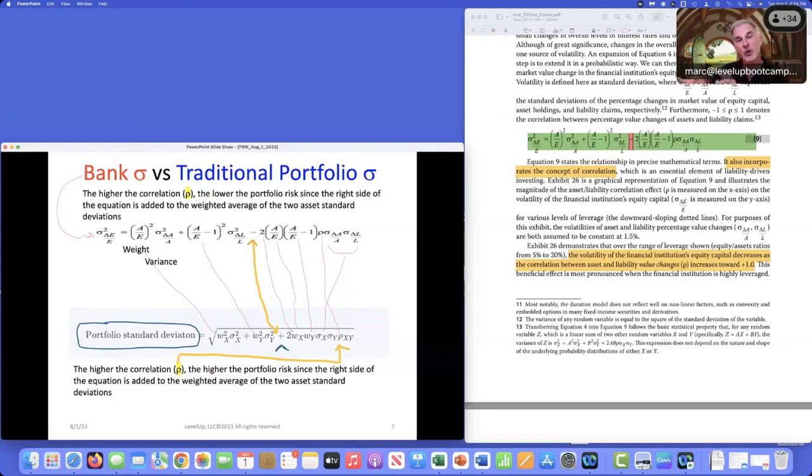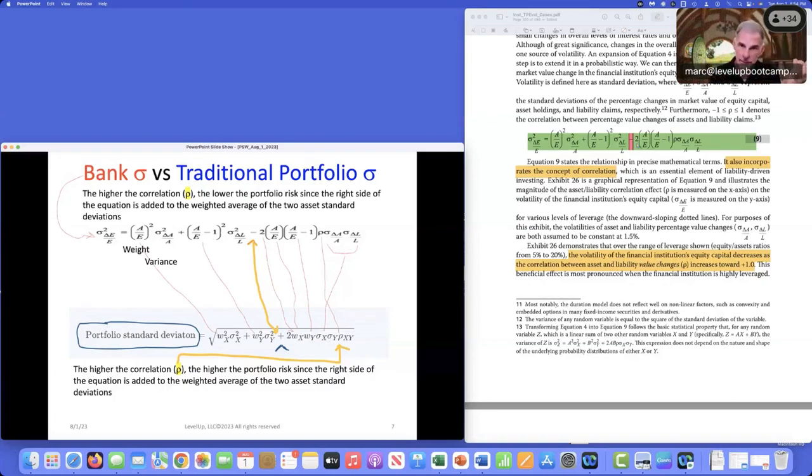Because if you look at equation number 9, if I can get the correlation close to 1, then I subtract that last part, the minus 2 times the asset, the liabilities, the correlation, and the standard deviations. All of that gets subtracted from the risk of the bank. The front part of the equation is the weighted average.